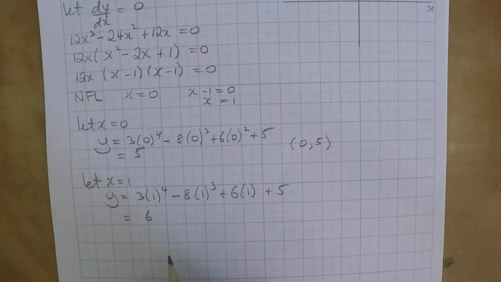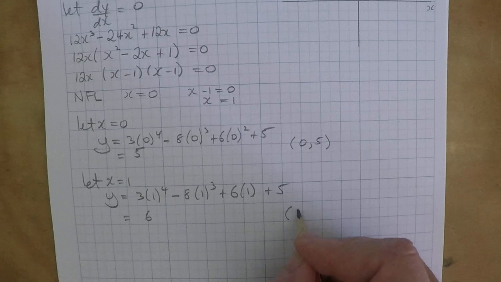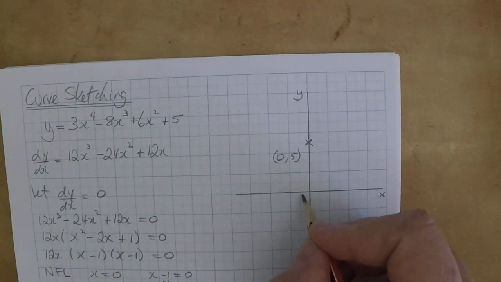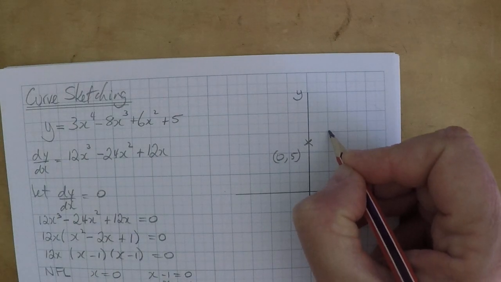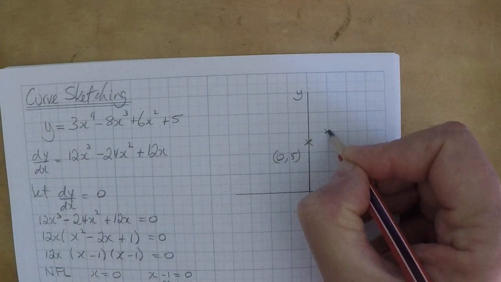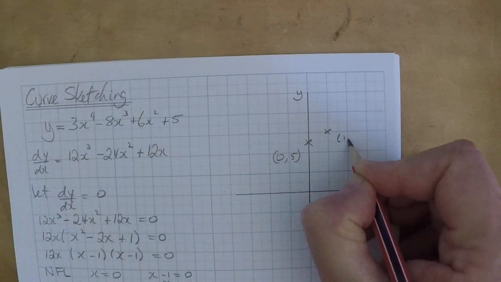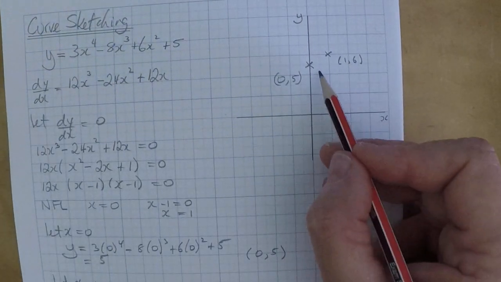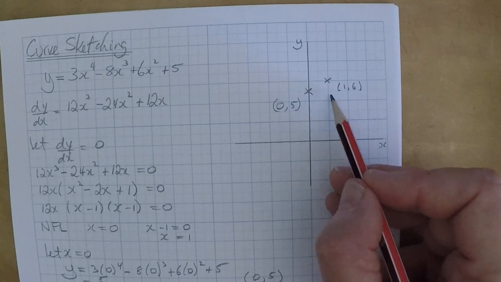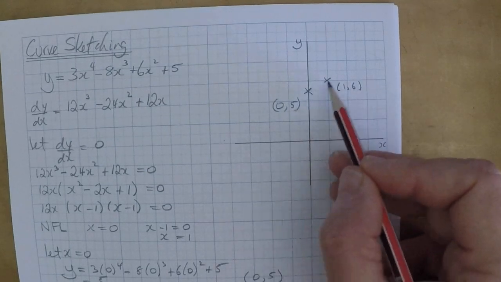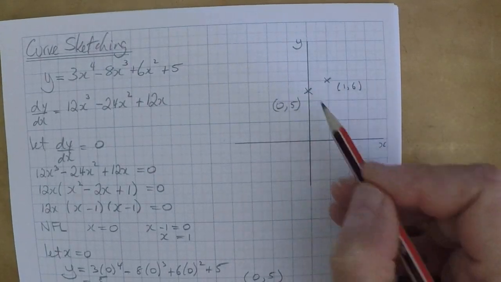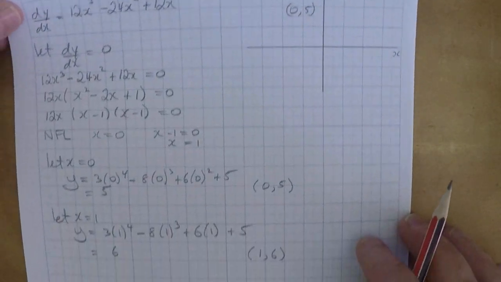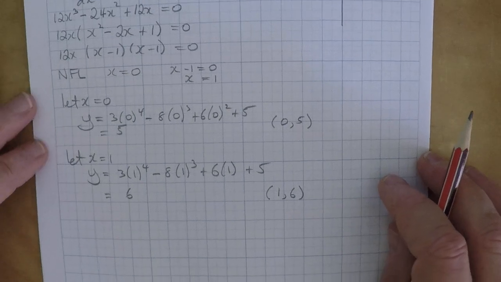So we have the value of 6. This stationary point occurs at (1, 6). And to mark that on my grid, now this is a sketch. It doesn't have to be drawn to scale, but 1 would clearly be a step to the right, and 6 would clearly be higher than 5. The steps on my scale are not exactly equal, but it's a sketch. No one's going to be too upset as long as the relative space is correct.